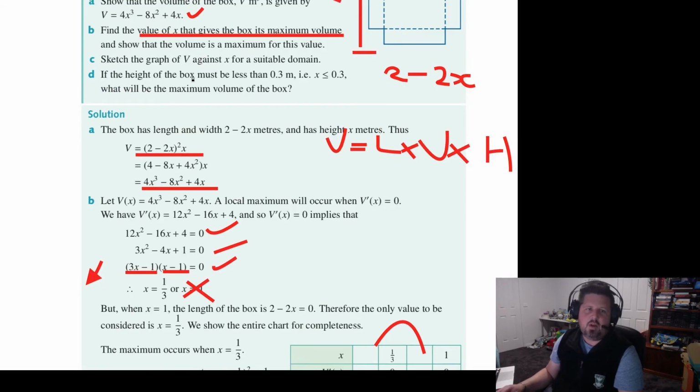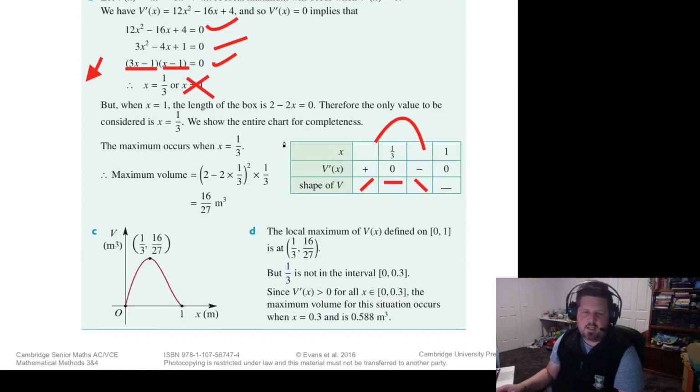It says here, if the height of the box must be less than 0.3 meters, i.e. x is less than or equal to 0.3, what will the maximum value of the box be? So in this case, it says here the local maximum of V of x defined between 0 and 1 is at this particular point, 1/3 and 16/27.